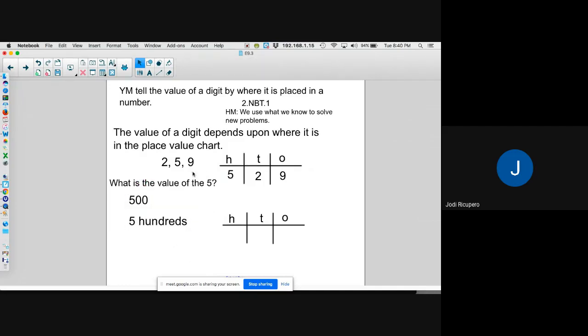Let me put the same digits in differently. Now I have 295. Each value is different. What is the value of the 5 now?